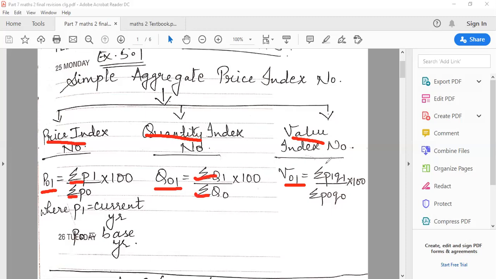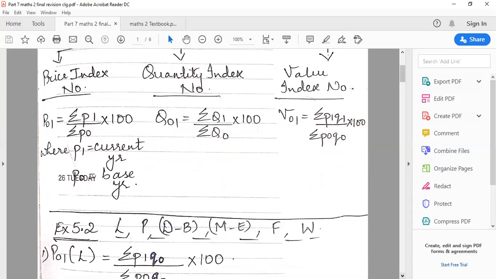Then value index number is a combination of both price as well as quantity. So the formula becomes summation P1 Q1 upon summation P0 Q0 into 100. Based on these three formulas, we completed our first exercise, which was a very simple one without any problem.